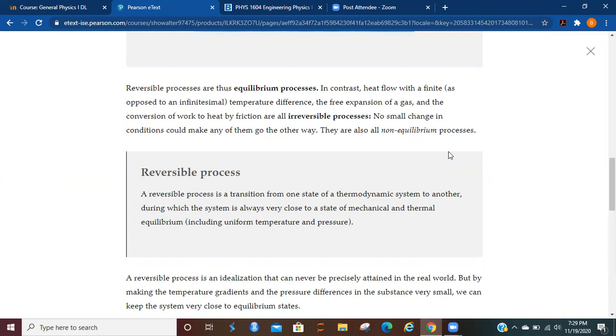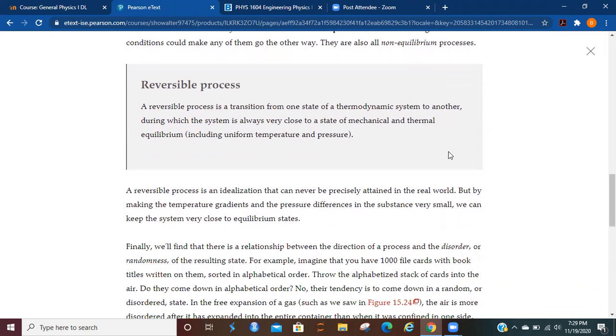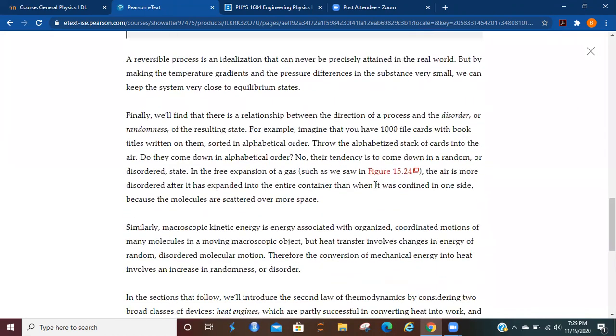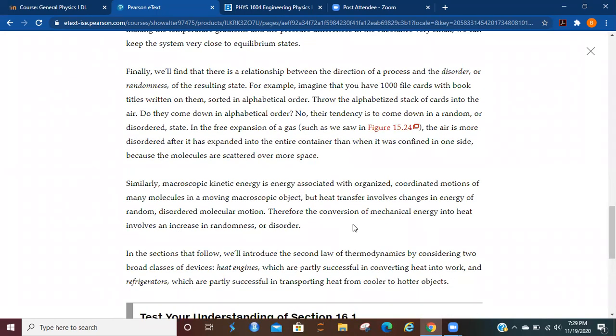And because of that, we consider that to be irreversible. Reversible processes are, in fact, an idealization that can never be precisely attained in the real world. Now, we can get close, but we can't exactly reproduce a reversible process.